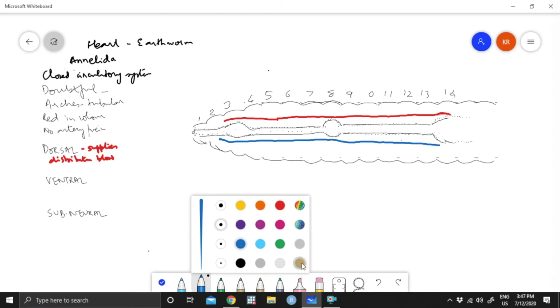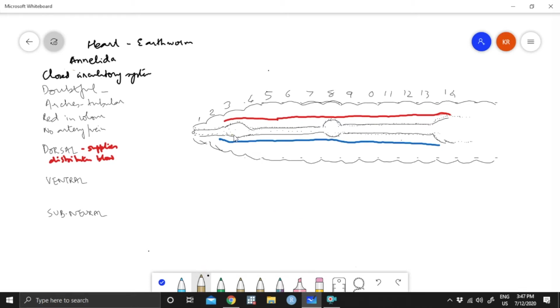Then there is one more, which is on the two sides, the lateral blood vessels. So they are on the two sides like this, all along like this, and then there is another one that has come from the left and the right. They both join and they become this subneural blood vessel.